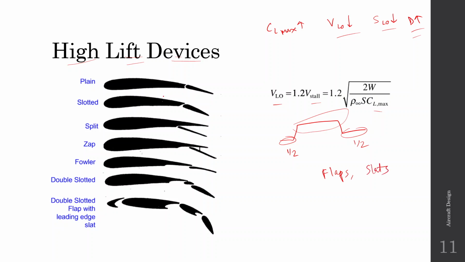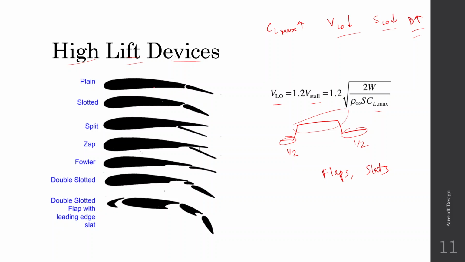So flaps are usually some moving part of the wing which are attached at the trailing edge, and they can bend downwards to increase the camber of the wing.